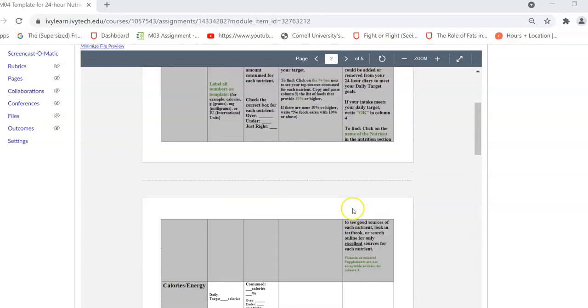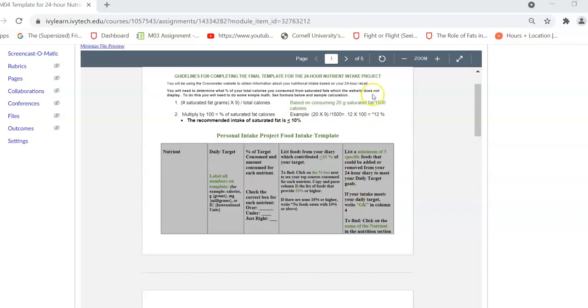Okay, so we've gone over the template. Again, the first step is to look at your chronometer, find your saturated fat, how many grams, and calculate your percentage of daily value, or percent of your calorie intake. How much was it from saturated fat? Okay, again, the goal is less than 10%.